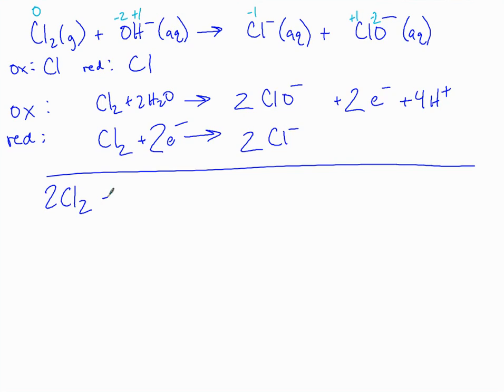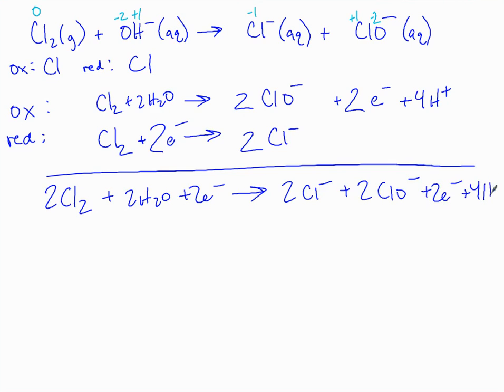2 Cl2s plus 2 H2Os plus 2 electrons yields 2 chlorine ions, 2 hypochlorite ions, plus 2 electrons and 4 hydrogens. That cancels. That cancels.